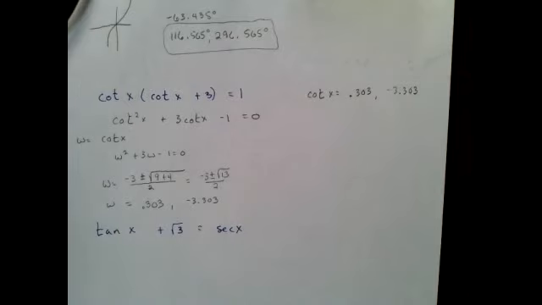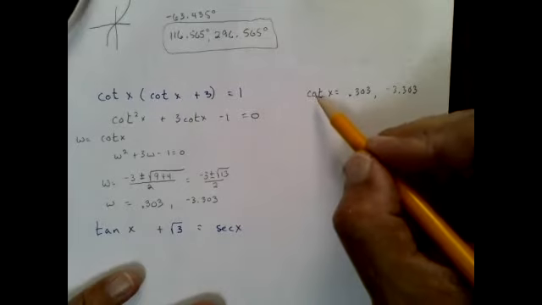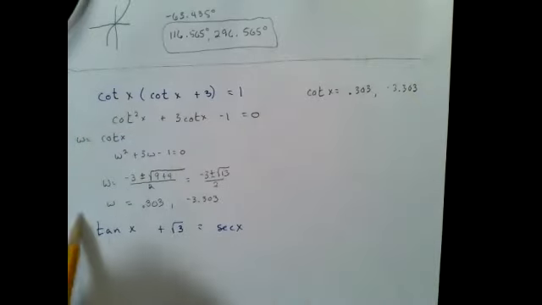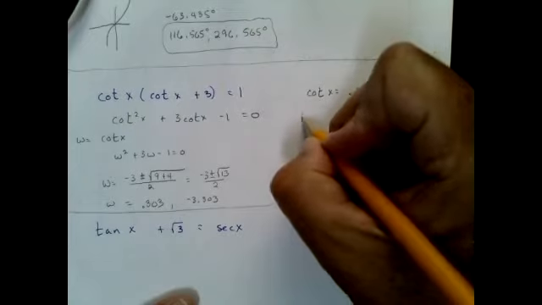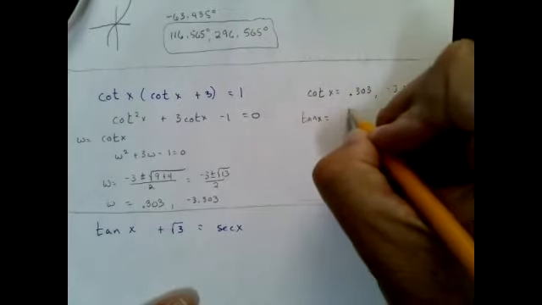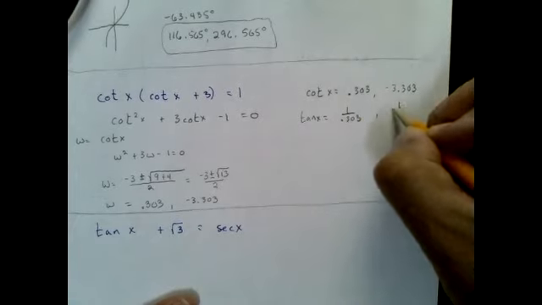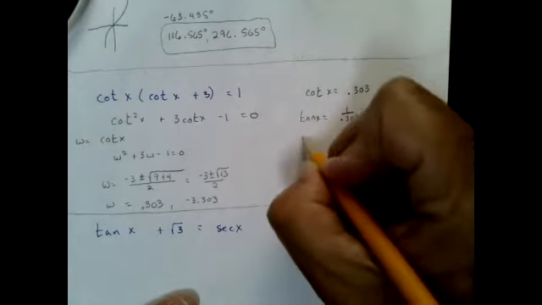What do I know about the cotangent and the tangent? If I flip this, I have to flip this. I could write that out if you really wanted, but that's what we can do. So I'm going to make this tangent of X equals 1 over 0.303, and it equals 1 over negative 3.303. Oh my goodness.